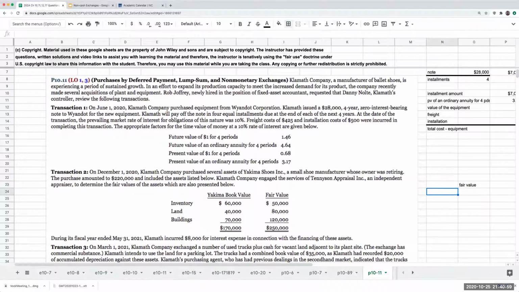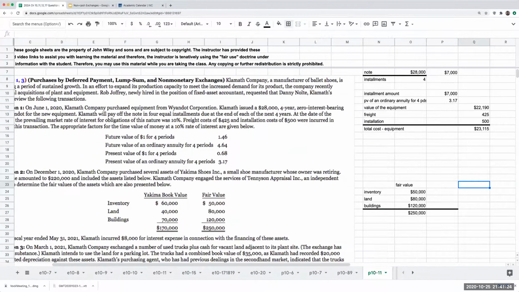So over here, inventory, land, and buildings have fair values of 50,000, 80,000, and 120,000. If any of you took me for cost accounting or managerial accounting, this is kind of similar to the underapplied overhead.